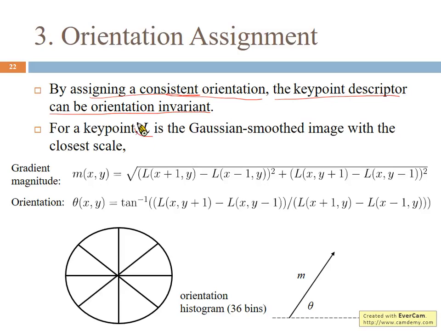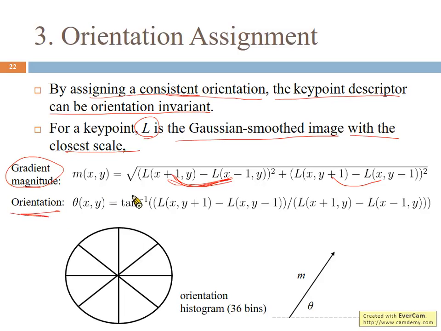For a key point, L is the Gaussian smoothed image with the closest scale. And then we estimate the gradient magnitude at this key point. That is easy to do because we can calculate the difference between this point vertically and horizontally, and then we can get the gradient magnitude.